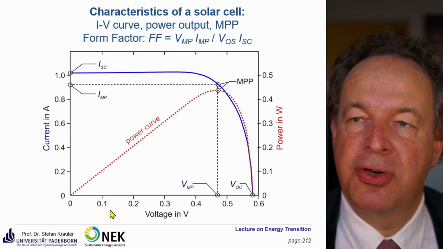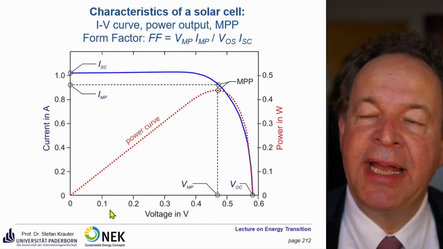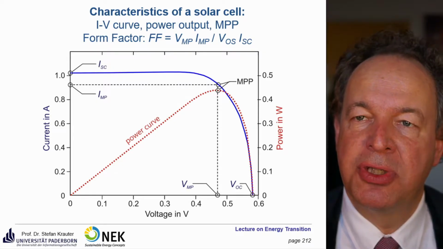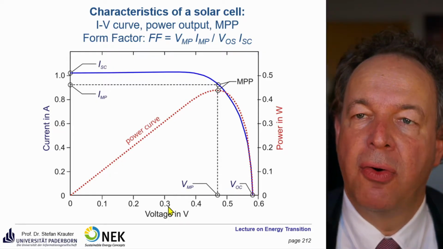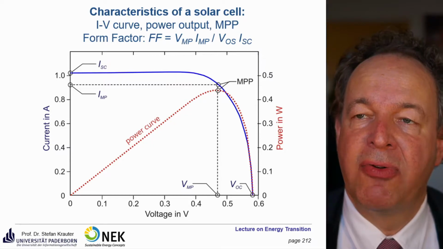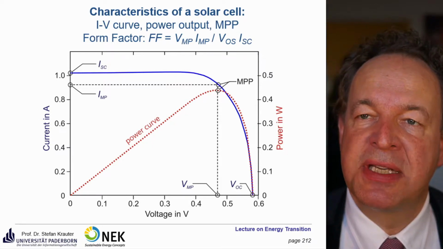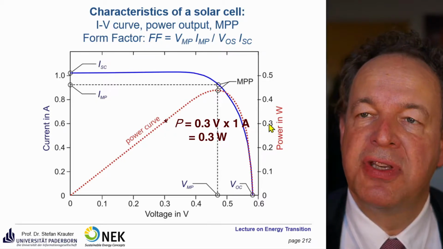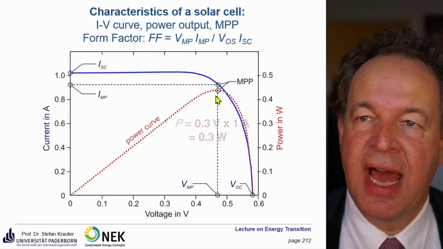If you further increase the load, for example up to 0.3 volts, the current is still about 1 amp. It's equivalent to 0.3 ohms. Then your power is in the vicinity of 0.3 watts, and so on.